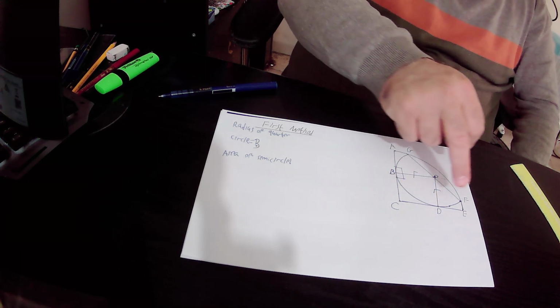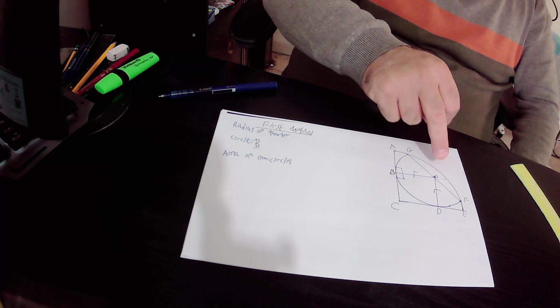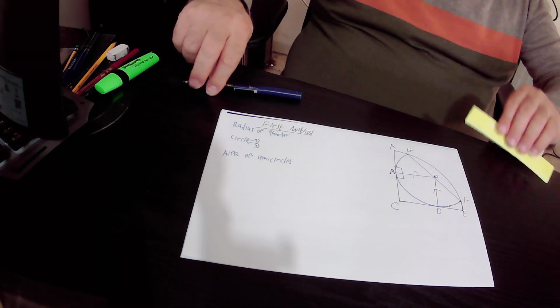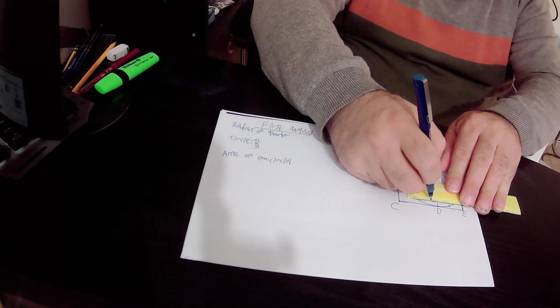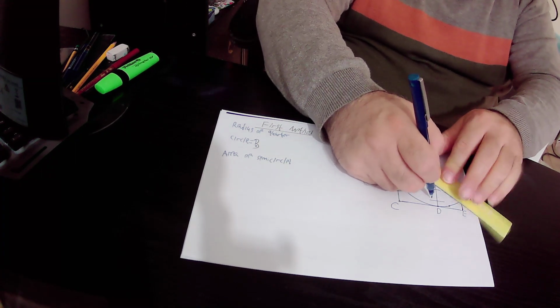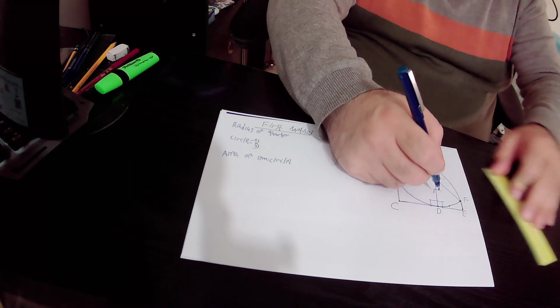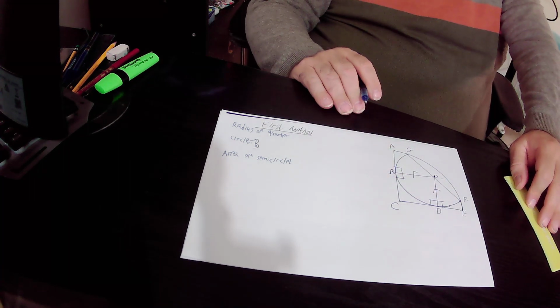So CE is perpendicular to DO, that is to say, this angle will be equal to 90 degrees, and this angle will be also equal to 90 degrees according to rule number 1.